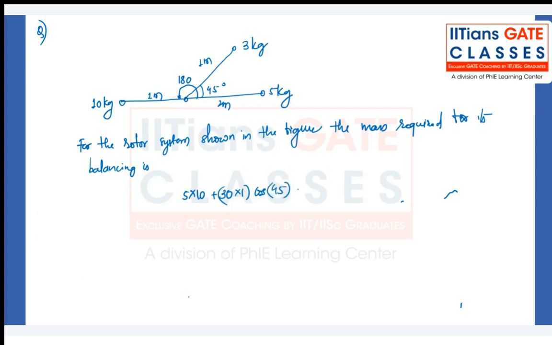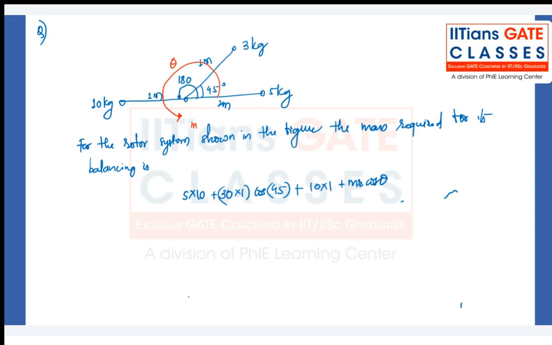And let's say you are adding some counter mass, we don't know, at an angle theta we don't know. That mass is M, and radius is R. So 10 into 1, and then, I don't know that, so that's why theta, I'll say it as plus MR cos of theta.